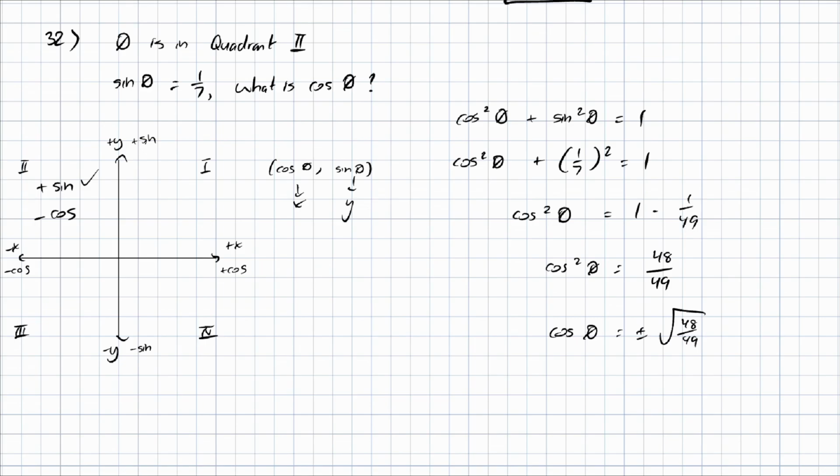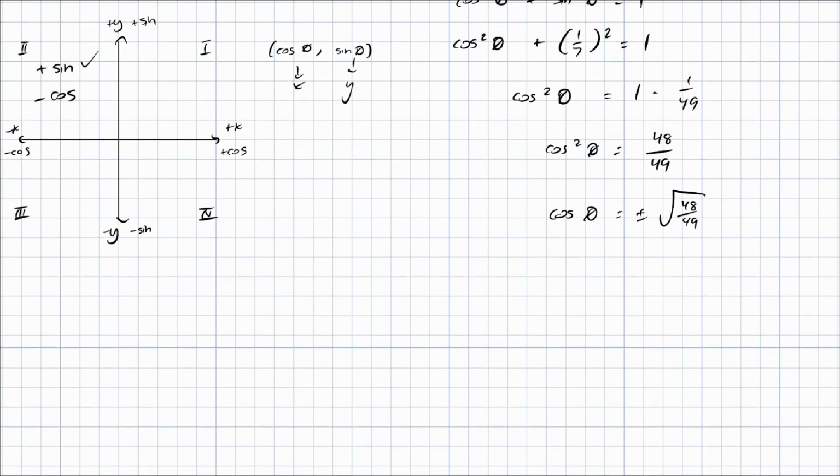Now, we want quadrant 2, so we want a negative cosine. So Q2 only, cosine theta less than 0. So cosine theta is equal to negative square root of 48 over 49.